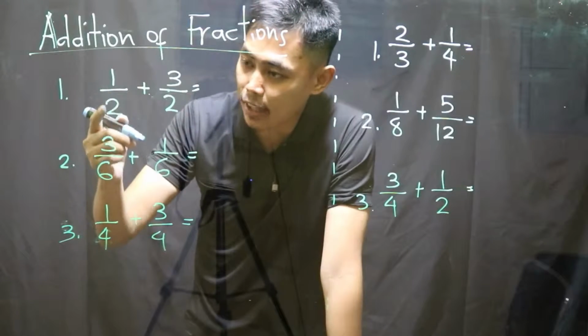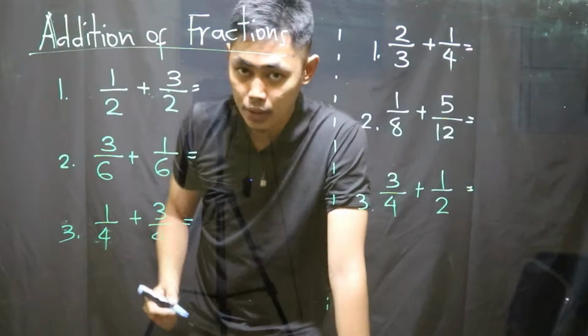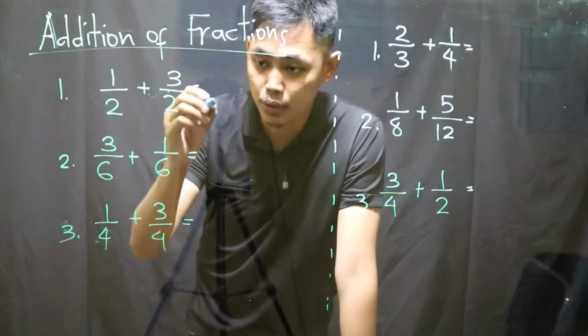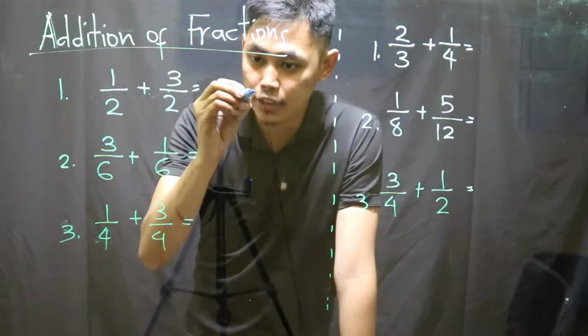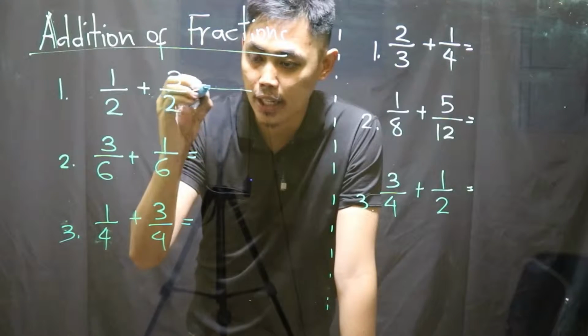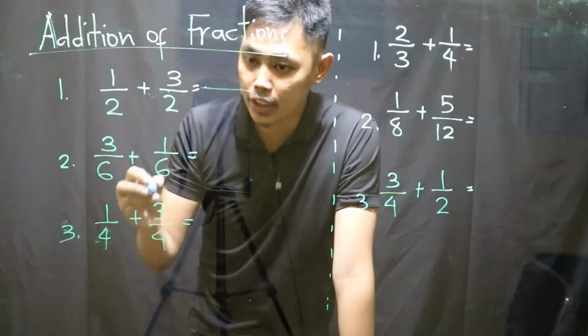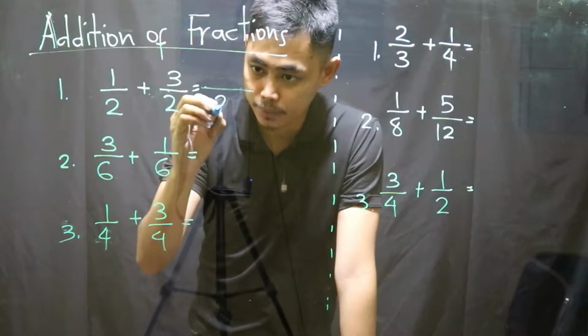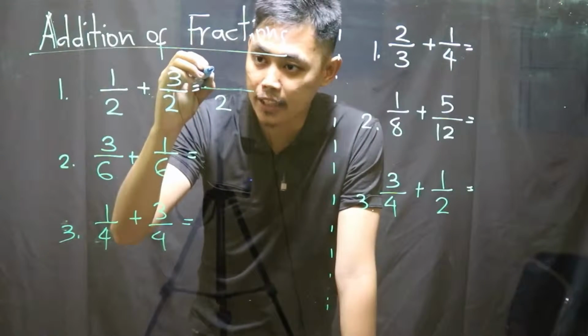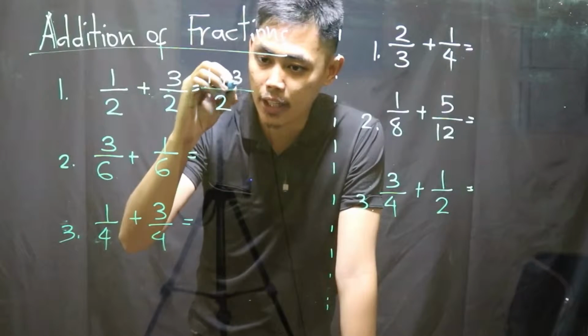So we have 1/2 plus 3/2. The first thing that you will need to do in adding similar fractions is really simple and really easy. First, you will copy the denominator 2, and then you will add the numerators 1 plus 3.